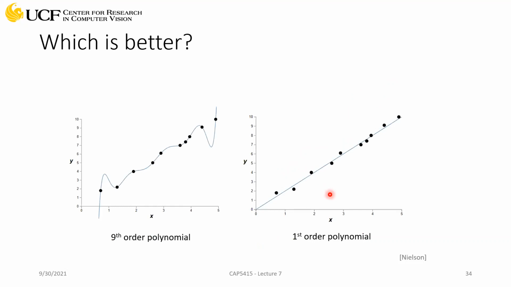So let's see what kind of functions we can learn using this data. If we use a lot of parameters, in this case it's a ninth order polynomial, right? A ninth order polynomial means you need that many parameters for that equation.